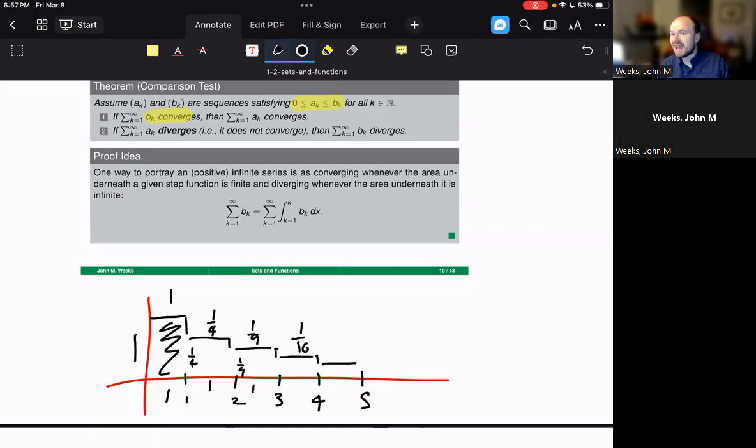And I'm really adding the areas of these rectangles together. So instead of thinking of this as a series, which is just the addition of 1 plus 1/4 plus 1/9 plus 1/16 and so on, I can think of this as the sum of the integrals of these constant functions, which is really, once I write it down, just the integral of a piecewise function. So this is saying that a series can be thought of as the integral of a piecewise function.